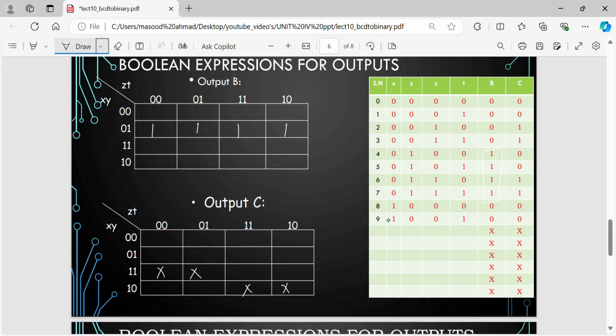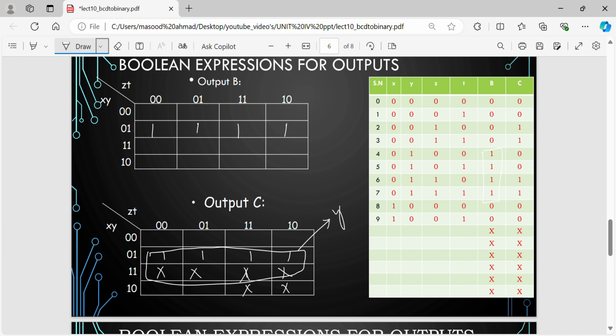And then 14 and 15 are don't cares. And 4, 5, 6, 7 are ones. So can I combine like this? Yes, of course I can combine these 8. What this is going to give me is Y.